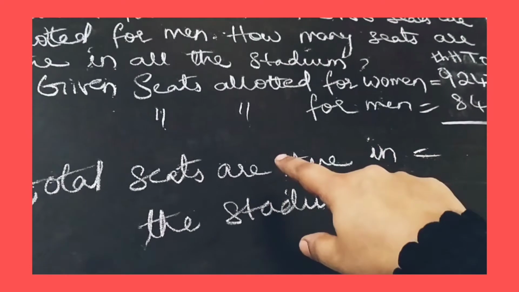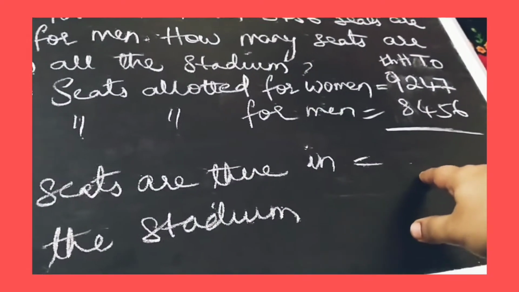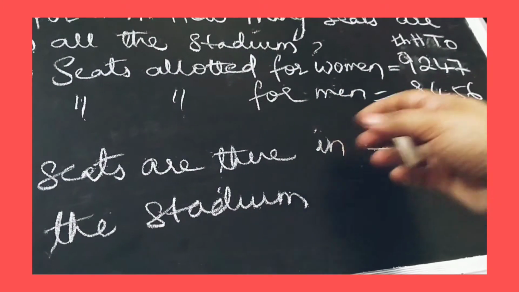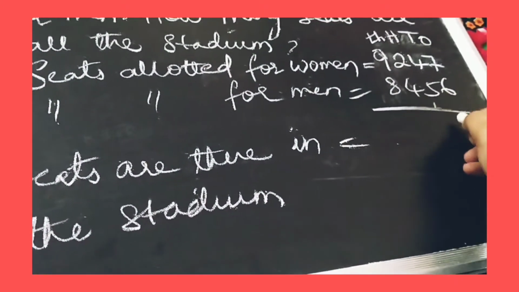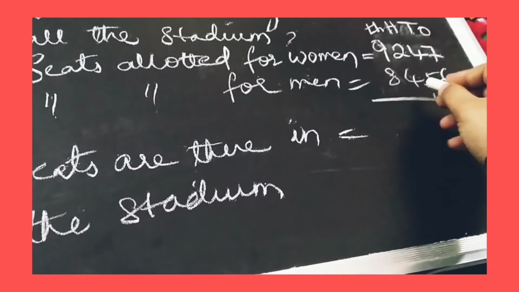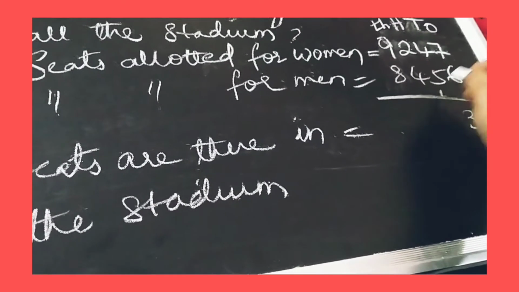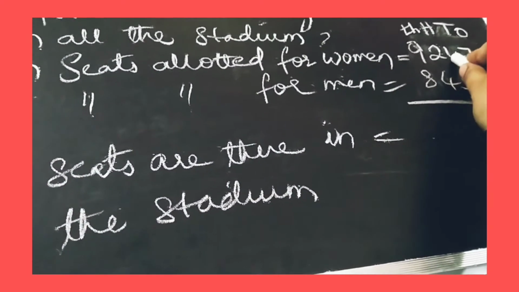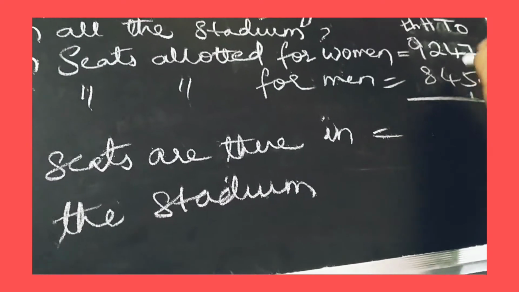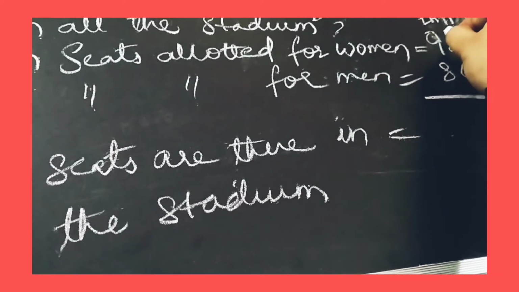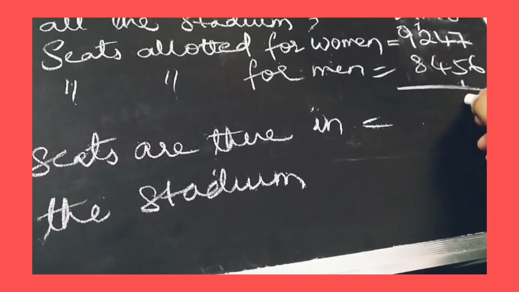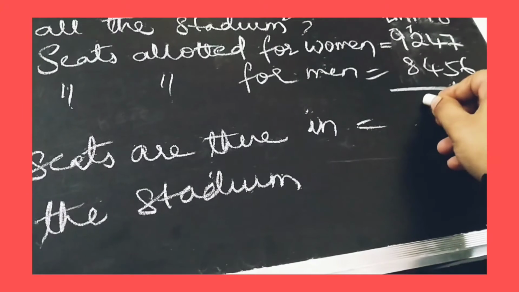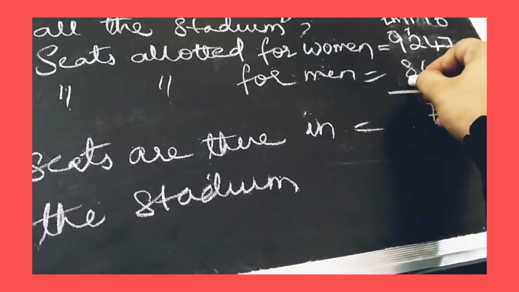Total seats means again you have to do addition here. Okay, so here we'll do addition. 7, 8, 9, 10, 11, 12, 13. It is 13. Okay, so 4 plus 1 is 5, 5 plus 5 is 10. Okay, so here 4, 5, 6, 7, 8.